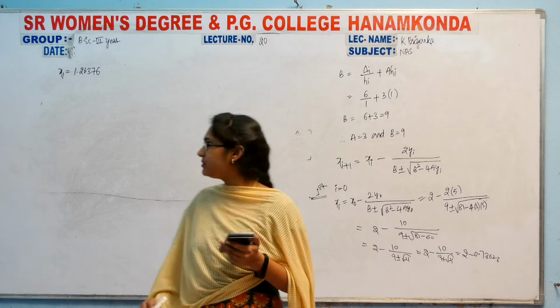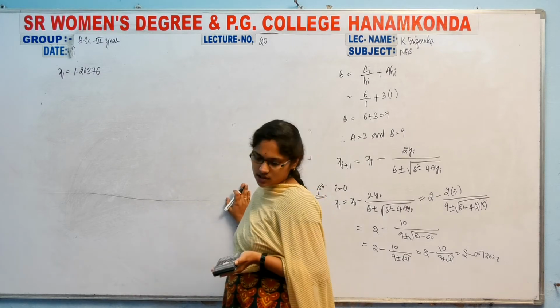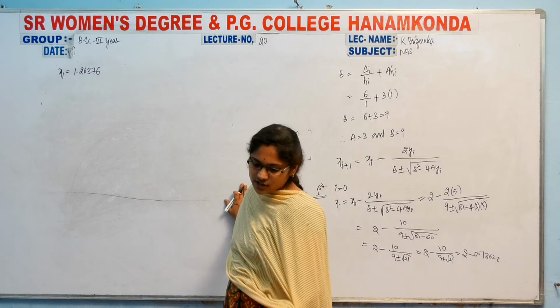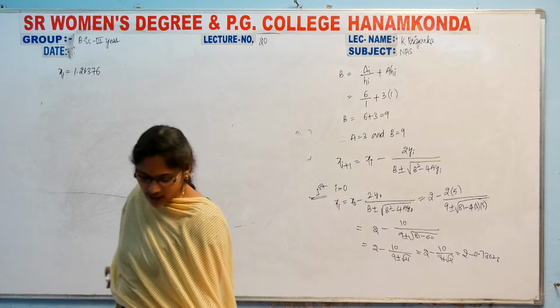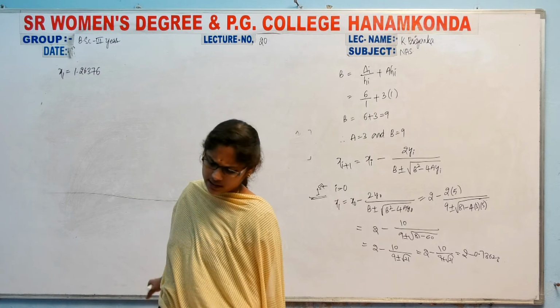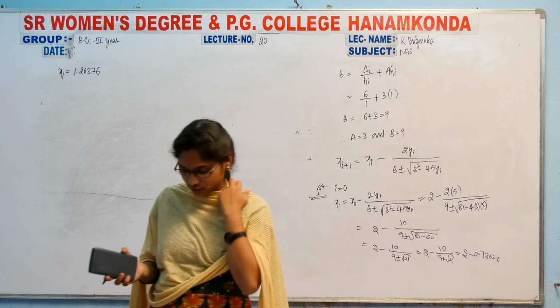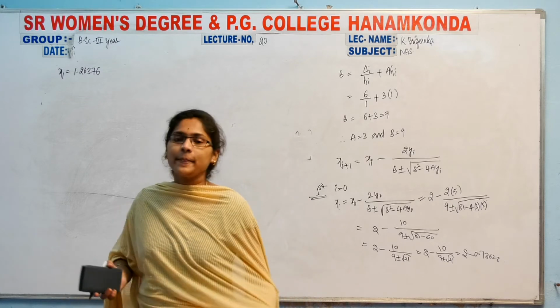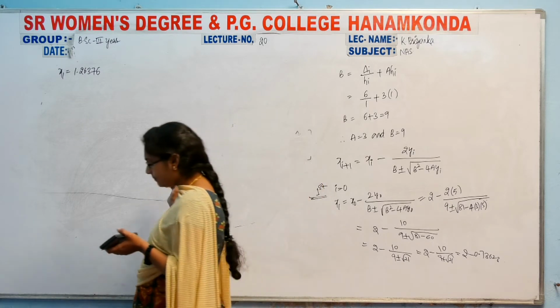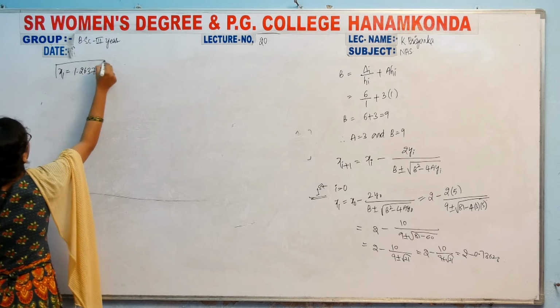So now here what we have, 1.26376. Now we have the value. First of all, we have to calculate the error. Otherwise no need to calculate the error, directly you can go for the next value. But here you have to change the approximation values. Okay, so now here x1 is this one.